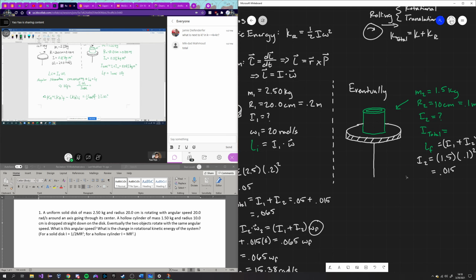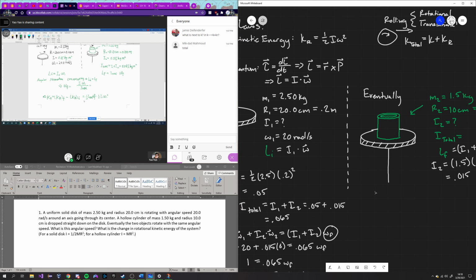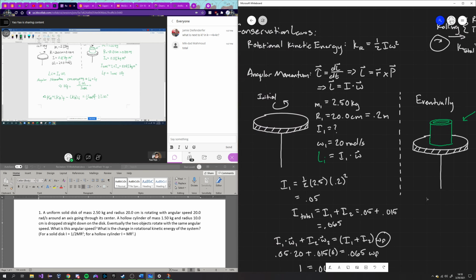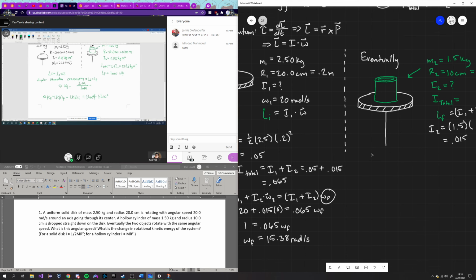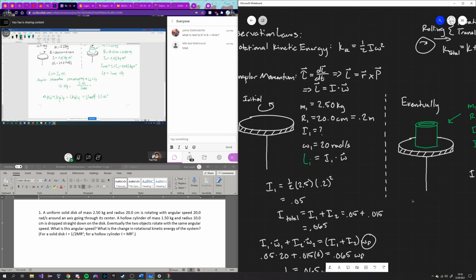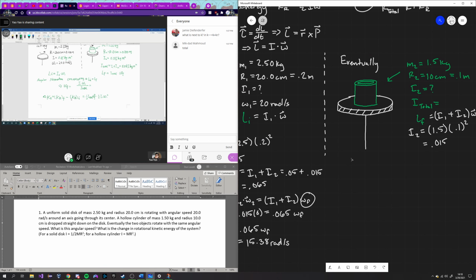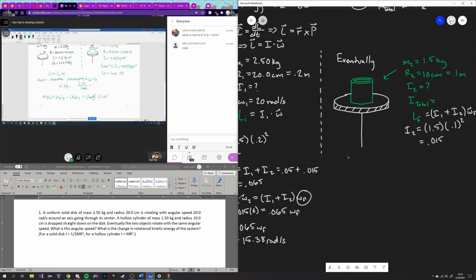And if you already know the answer for omega F, it will be quite easy for you to finish the calculation for the second question. The change of the rotational kinetic energy equals the final rotational kinetic energy minus the initial one. And the final one equals half times I total times omega F squared.